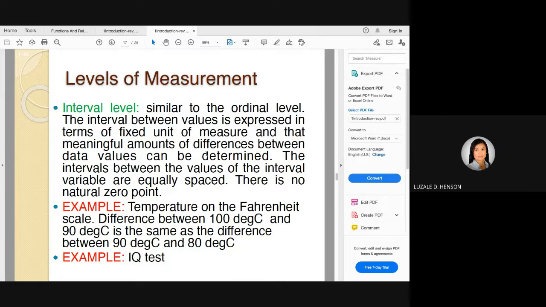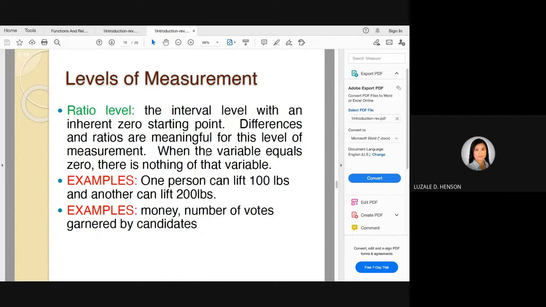Kasi may IQ din tayo na negative. So, yung mga ito, interval level, there is no natural 0 point. So, pag sinabi kong 0, hindi ibig sabihin na wala. Alright? So, that's interval level.